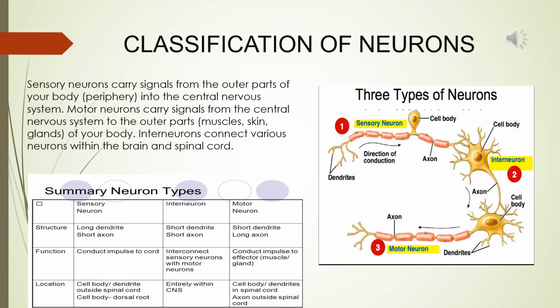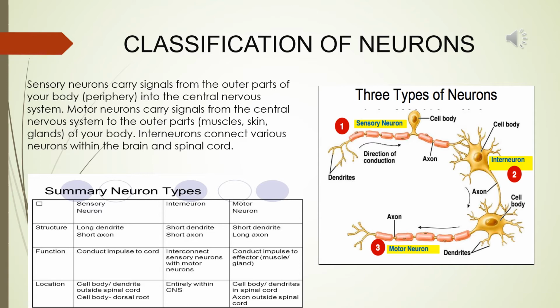Third one, conduct impulse to effector, that is muscle or gland. Now location: cell body or dendrite outside spinal cord, cell body in the dorsal root. Second one, entirely within CNS, that is central nervous system. And the third one, cell body or dendrites in spinal cord, axon outside spinal cord.